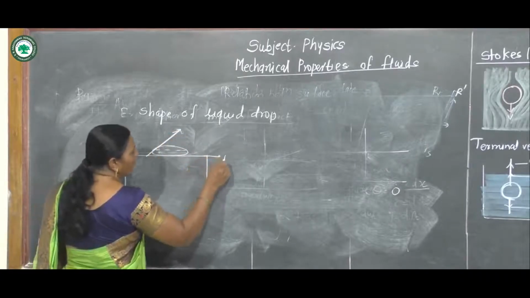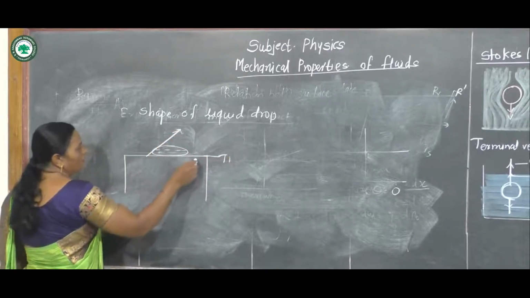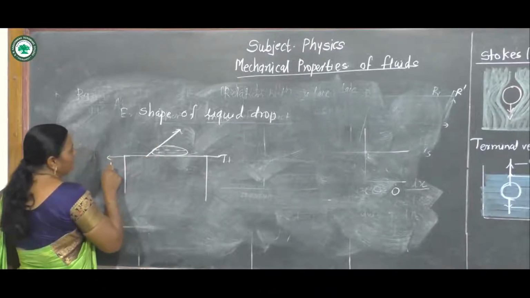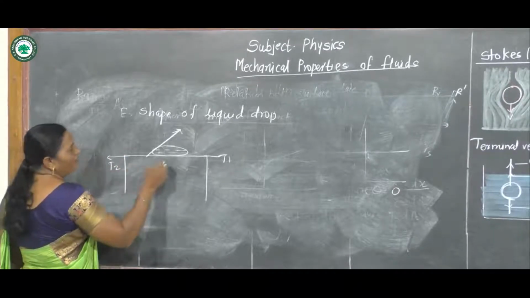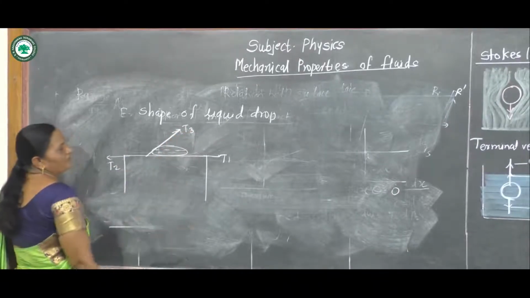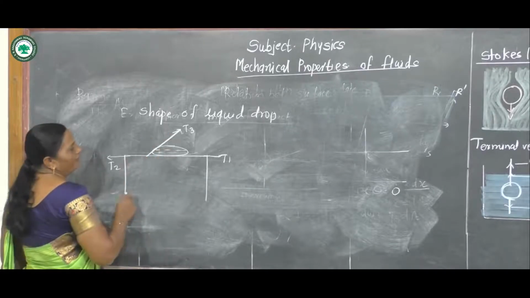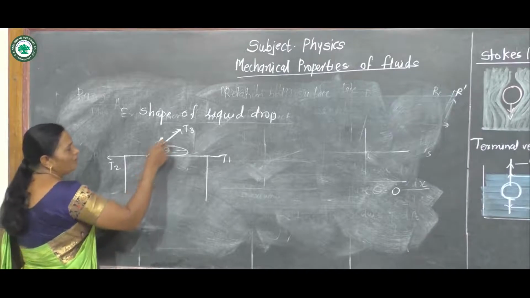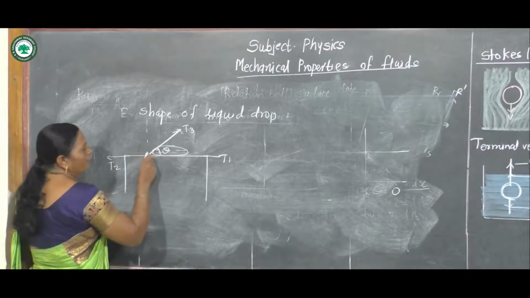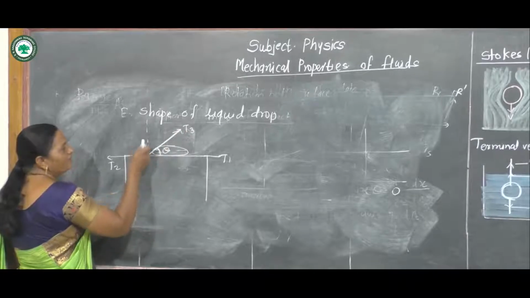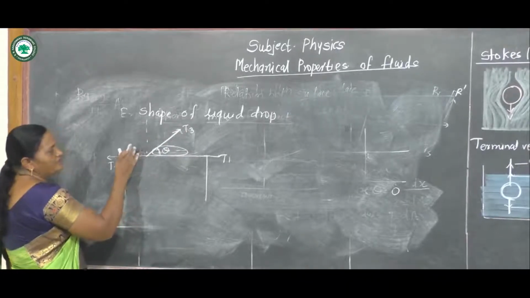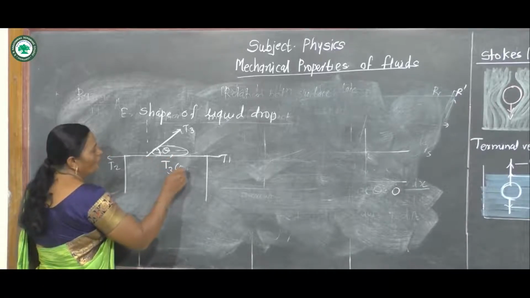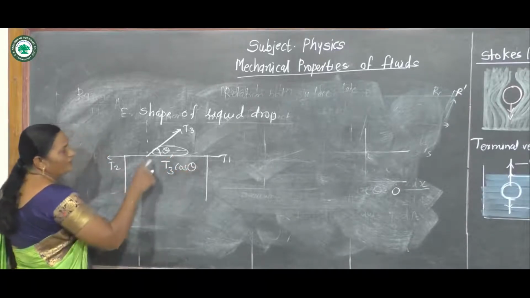This is T1, the force of surface tension between solid and liquid, this is T2, the force of surface tension between solid and air, and this is T3, the force of surface tension between liquid and air. Now this is through angle theta, this angle is acute. Suppose we consider two components of T3: the vertical component is T3 sin theta, and the horizontal component is T3 cos theta. This is for an acute angle.